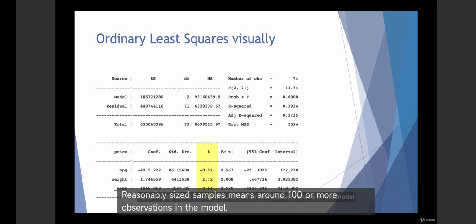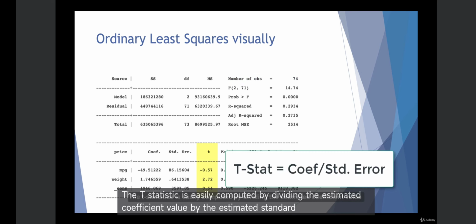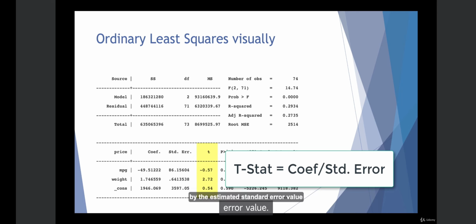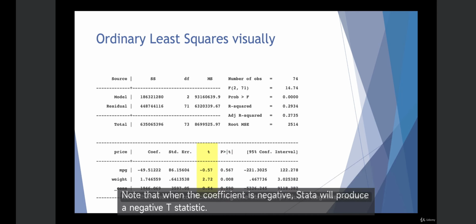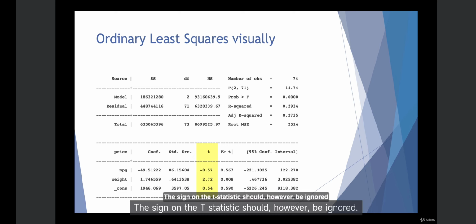Reasonably sized samples means around 100 or more observations in the model. The t-statistic is easily computed by dividing the estimated coefficient value by the estimated standard error value. Note that when the coefficient is negative, Stata will produce a negative t-statistic. The sign on the t-statistic should, however, be ignored.